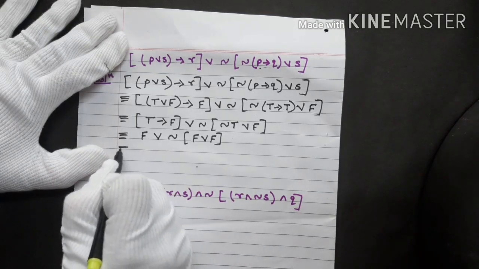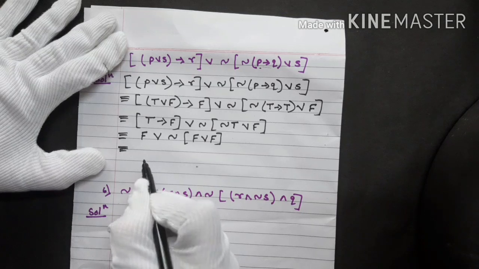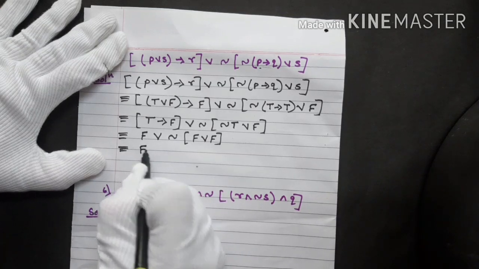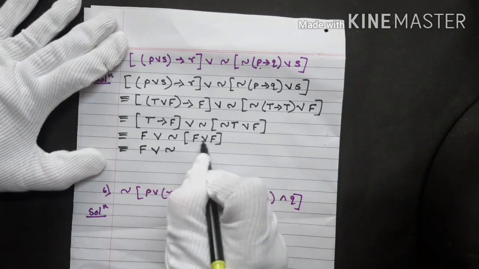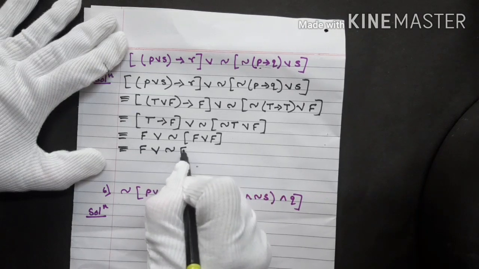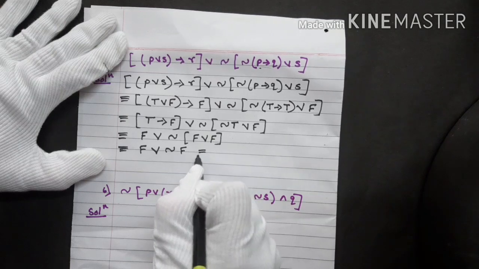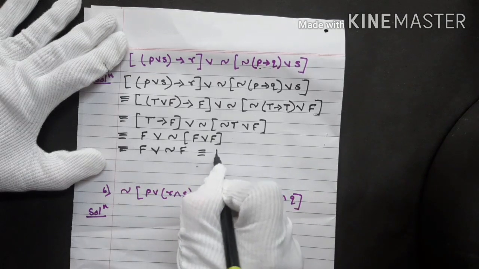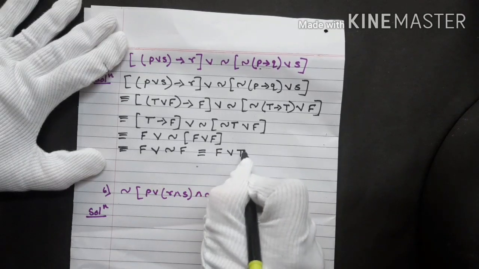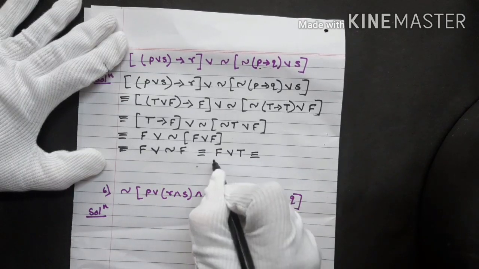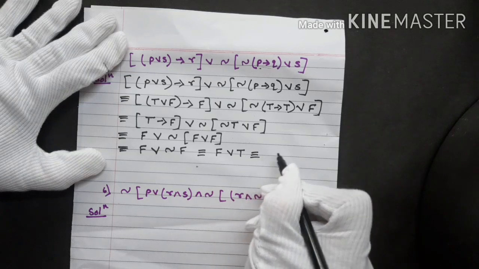So this is equivalent to F or negation F or F is F. So you get F or negation F is true, and F or F is true.